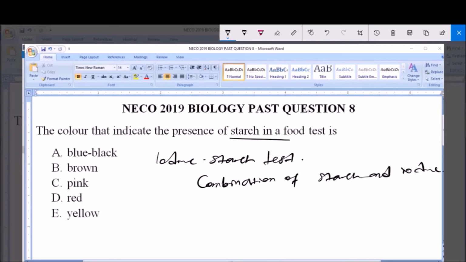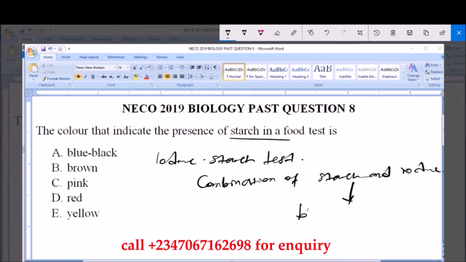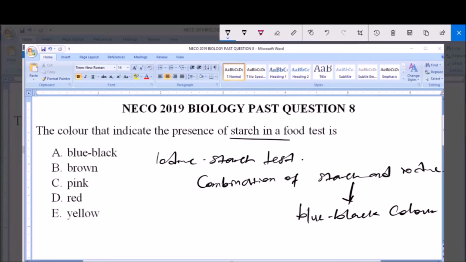When you combine starch and iodine, there will be a resulting blue-black coloration. This proves that starch is present in that food. So the answer to this question is option A. Blue-black is the color that indicates the presence of starch in the food when the iodine starch test is used.